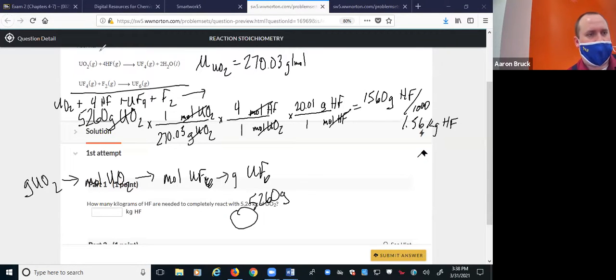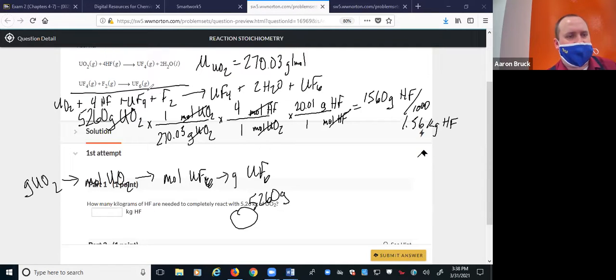That's all four of my reactants. Plus UF4, 2 waters, and UF6. That's all 3 of those products. And then what we would see is that UF4 is common on each side, so it cancels out.